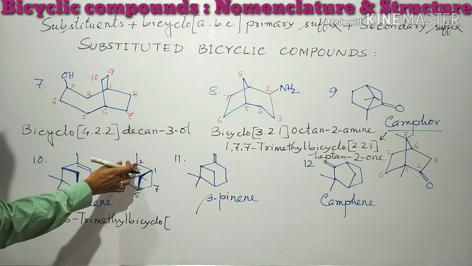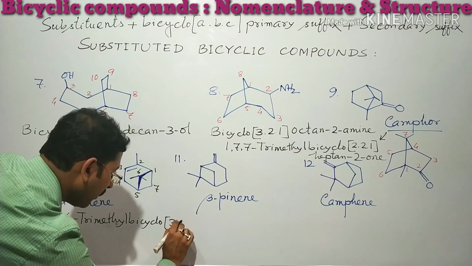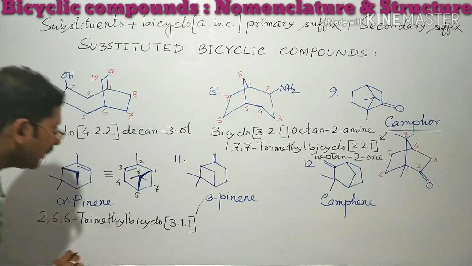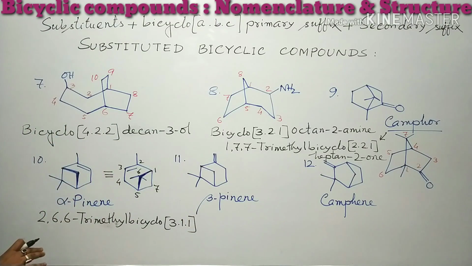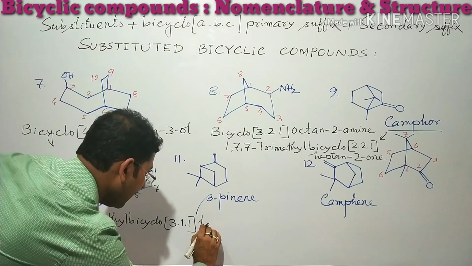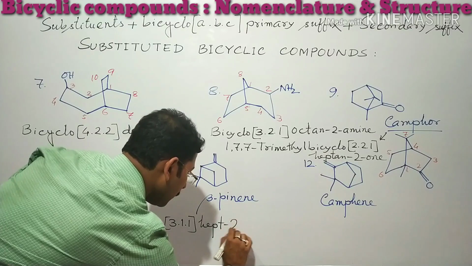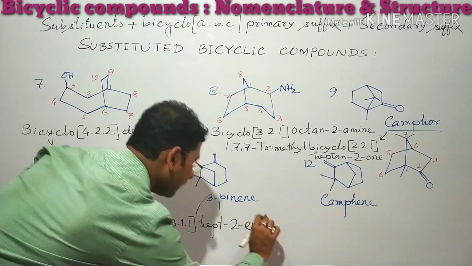The number of carbons: 3, 1, 1. Total 7 carbons are there in that ring. So this is hept, and at the 2 position there is a double bond, so heptene.